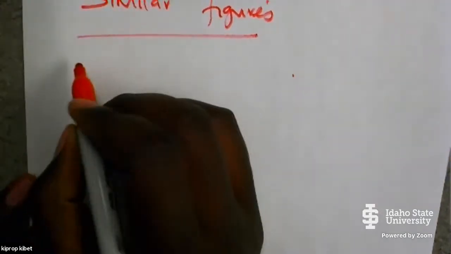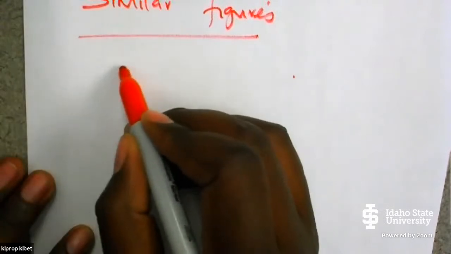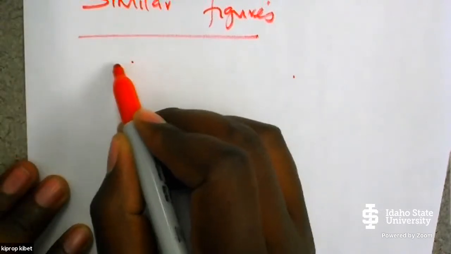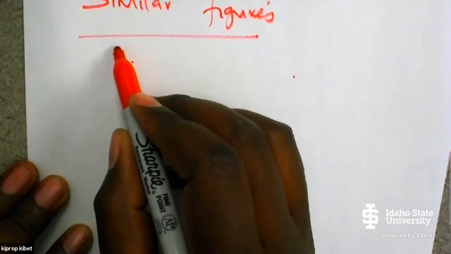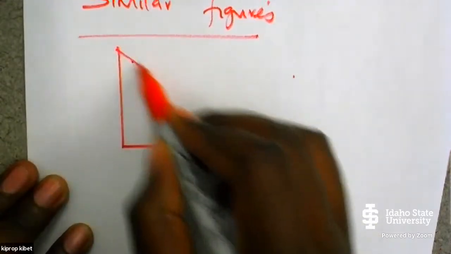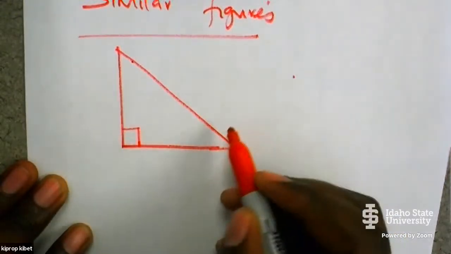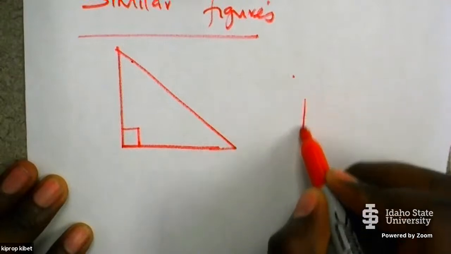So similar figures. If you have two figures, let's even say a right angle triangle, and maybe that way.